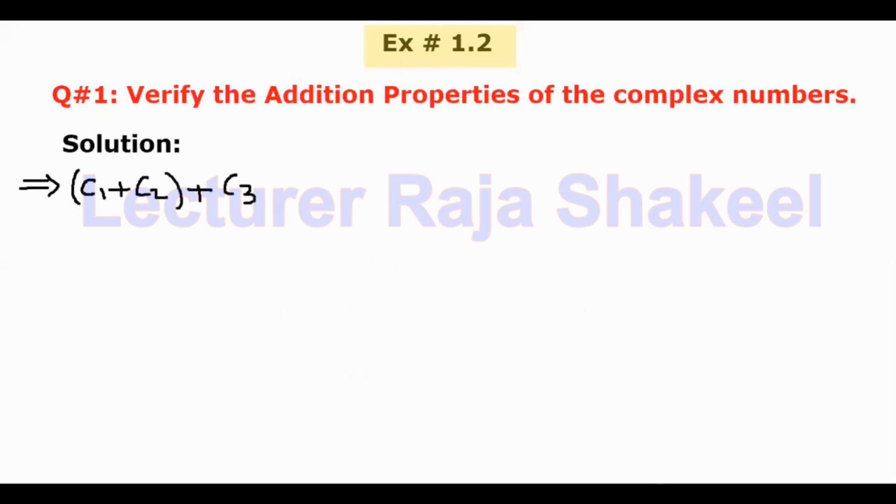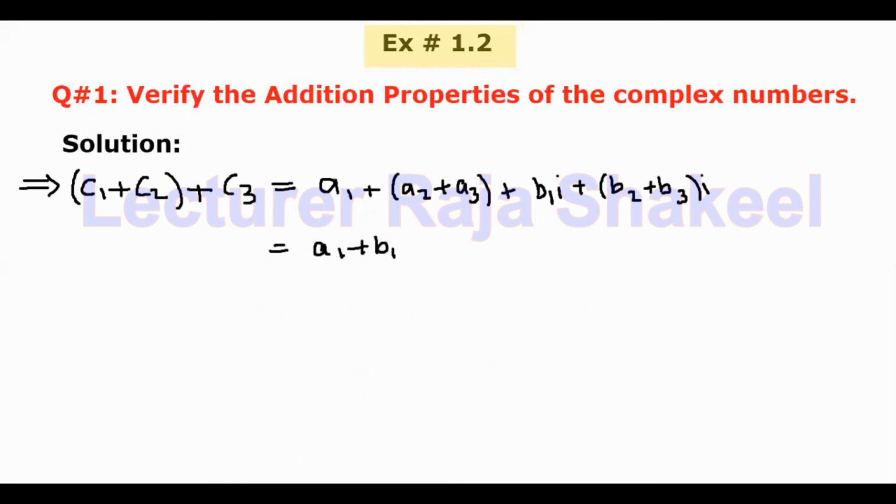So we have seen here that c1 plus c2 plus c3 can be written in this form. We are again splitting the brackets of the iota. The iota bracket has been split now. So now we are taking a1 plus b1 iota with each other, while a2 plus a3 and b2 plus b3 of iota go with each other.